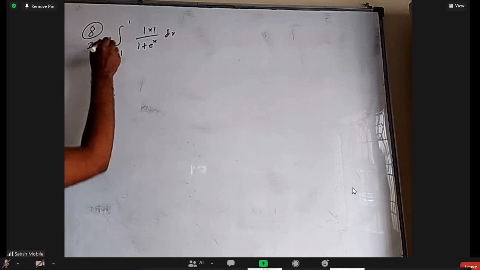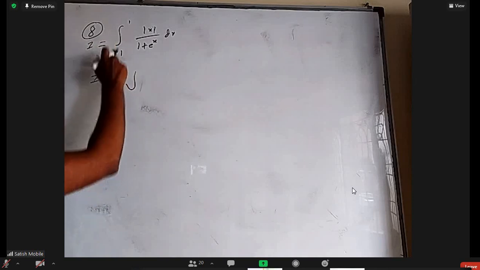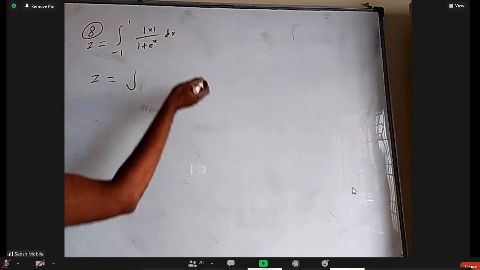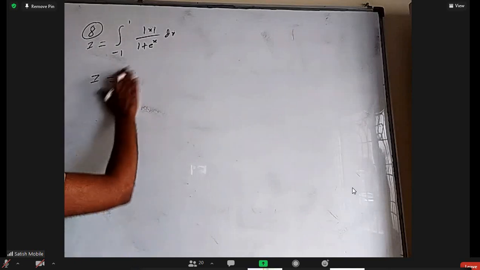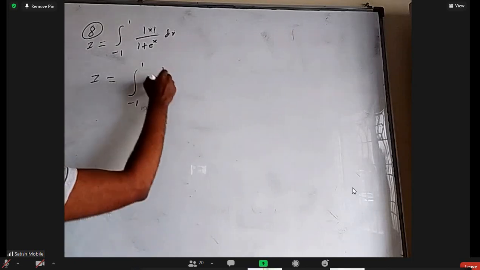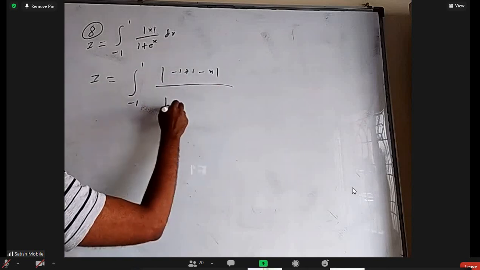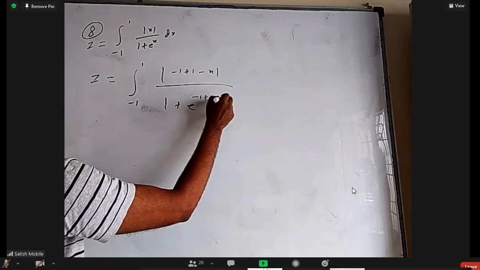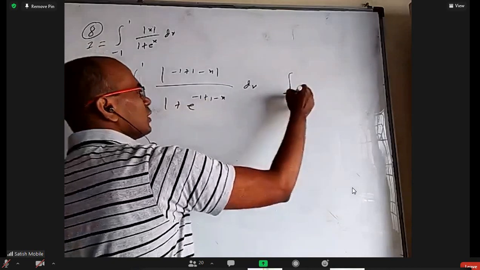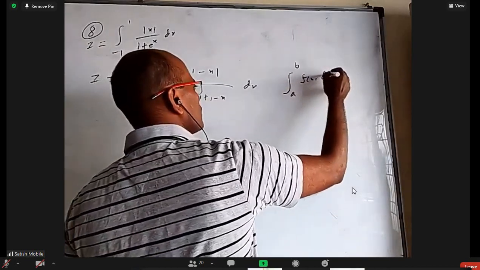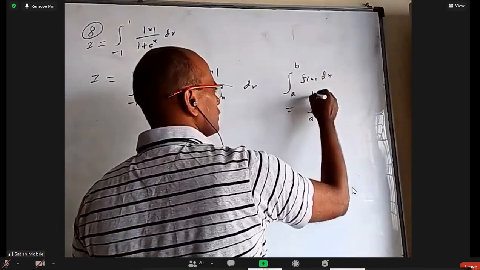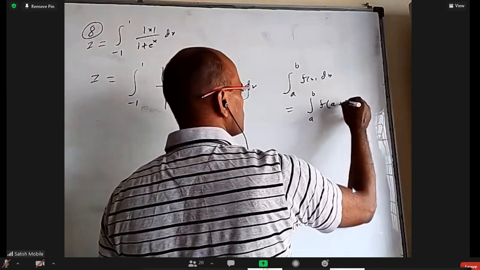We call this as I. Here a is -1, b is 1, so their sum is 0. So I can replace x with minus x straight away. Integral -1 to 1, in the place of x I can write -1 plus 1 minus x dx. Using the formula, integral a to b f of x dx is equal to integral a to b f of a plus b minus x.